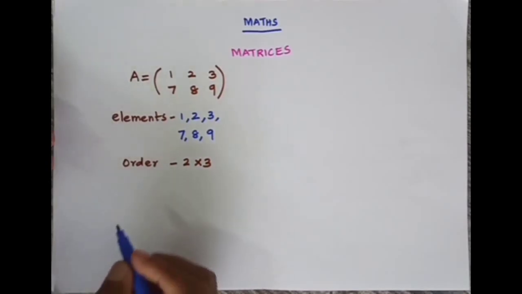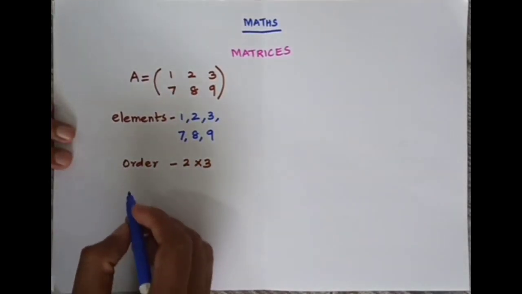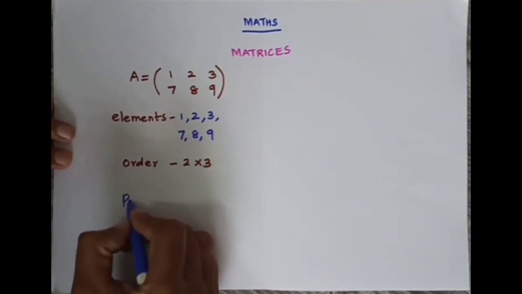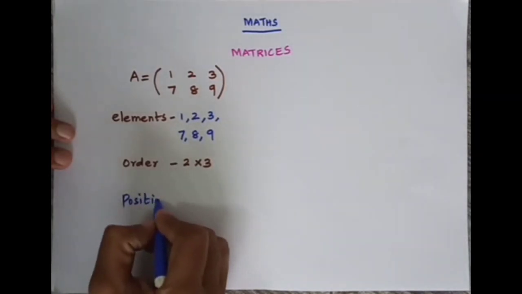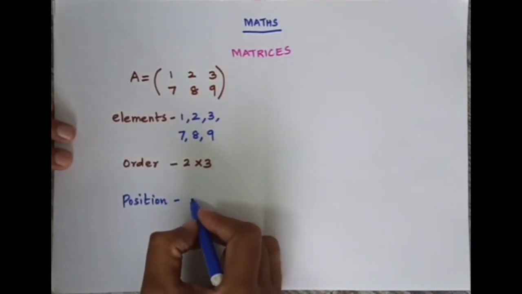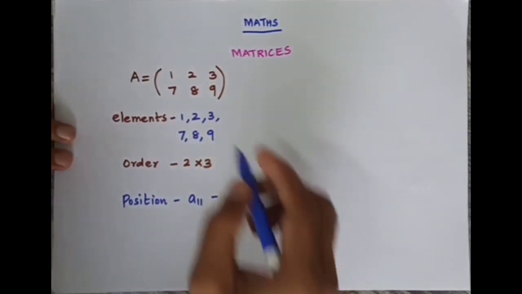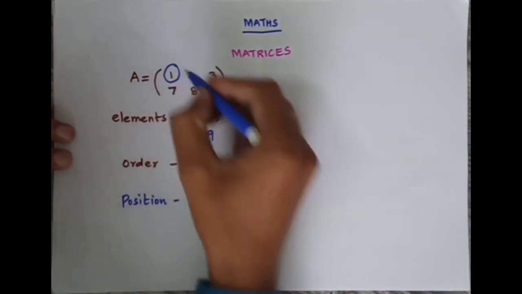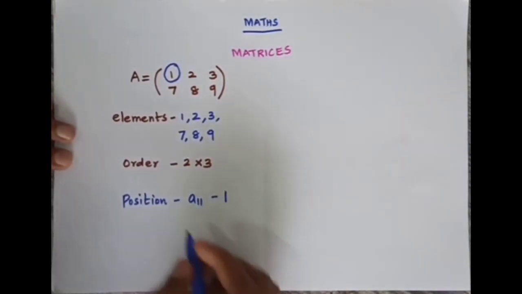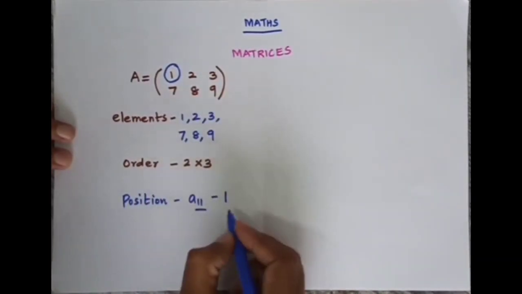Third, position of an element. Here, A11 element is 1 because first row, first column.